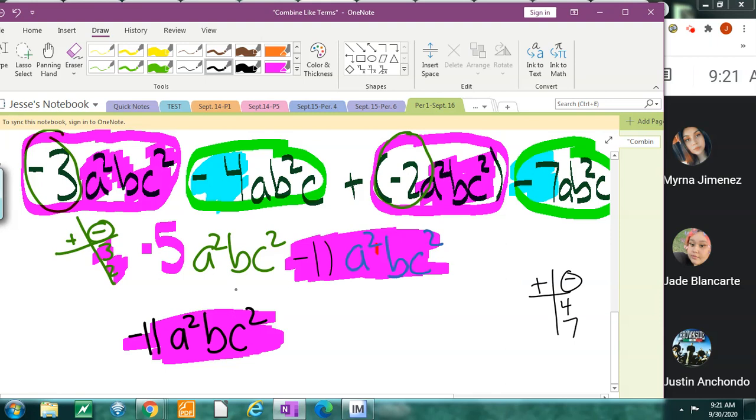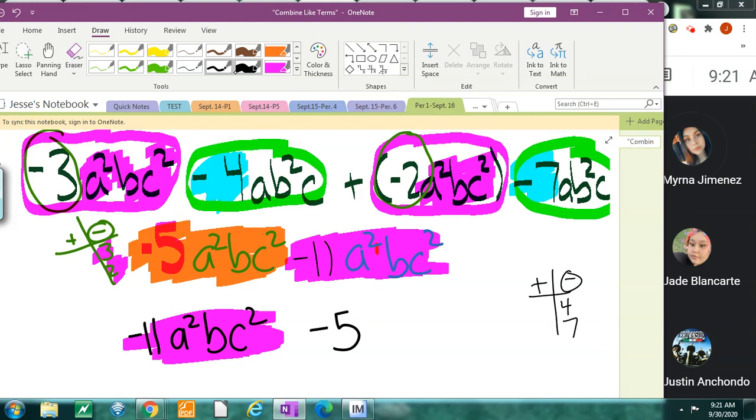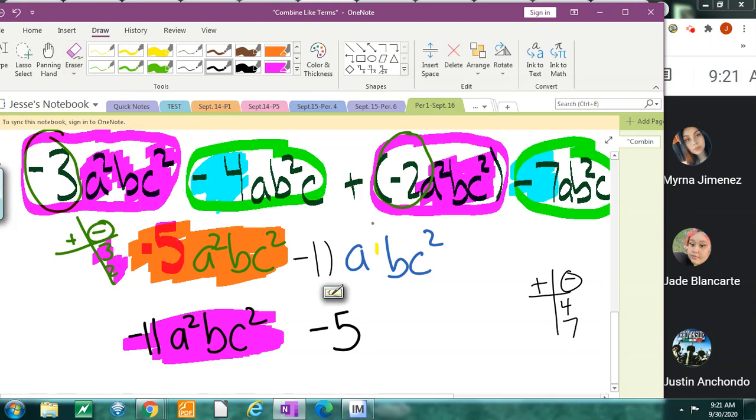All right, and then I could do the next one, but remember it's a -5 a squared b c squared. So you got to make sure you write that. You wrote it wrong. I did? It's -11 a b squared c. Oh, see, a b squared c. So let me take that out. Thank you. So make sure you pay attention to that.